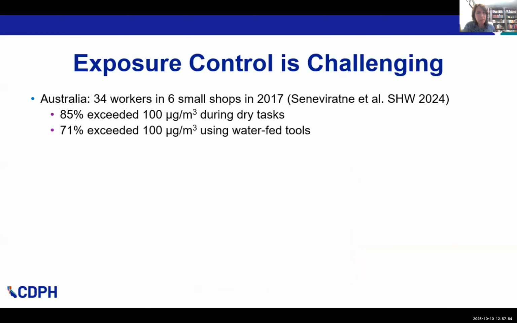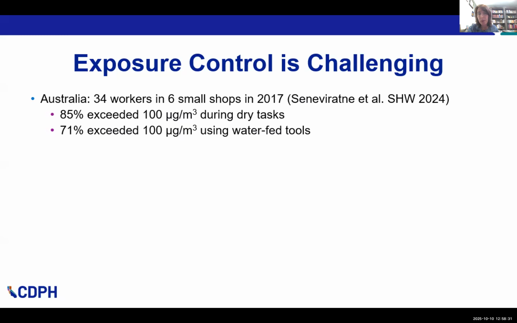I want to point out that idea about shop size and exposure control. The takeaway I want to leave you with is that exposure control for this material is really challenging. There's a study that was published last year from Australia in which they sampled 34 workers in 6 small shops in 2017. So this was really at the beginning of the recognition of the problem in Australia, before they had really taken steps to address the issue.